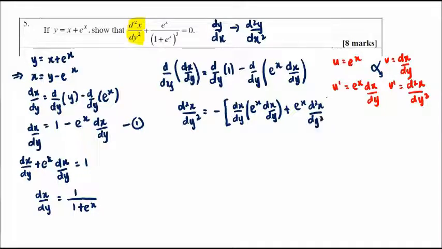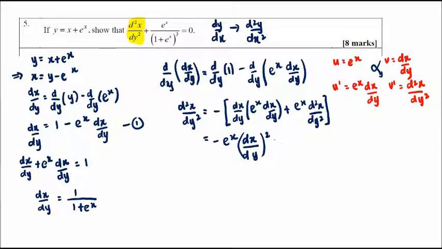Okay, so ni yang kita ada. And then kalau kita simplify dekat sini, kita akan dapat negative exponent x, and then dx dy to the power of 2 over here.